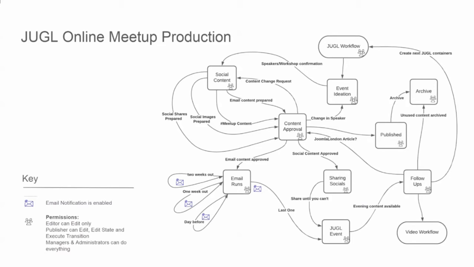But what we're hoping is, with the implementation and the use of Joomla workflows, that we can really improve our organization quite dramatically. One of the things that is different from the other workflow is that we're not using the stages as a state definition, we're doing it more as an action.